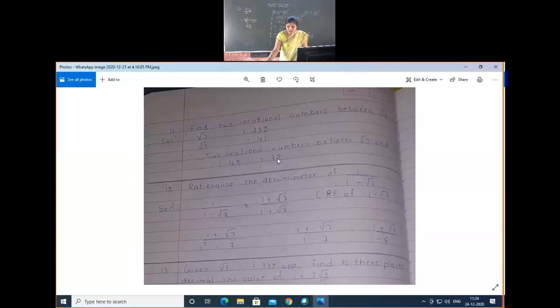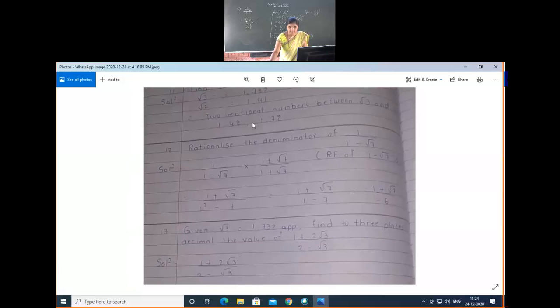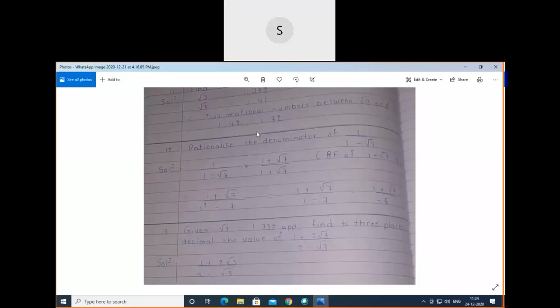What you did actually, 22 by 7 you took as pi only, then you cancelled pi, since the numerator also has pi and the denominator has pi. Okay, then you got a rational answer.